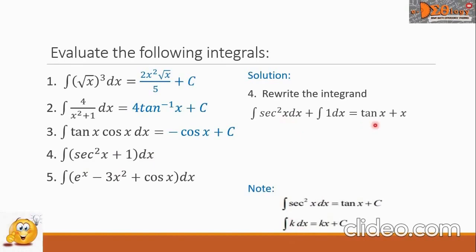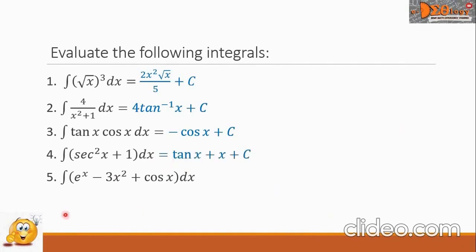So we have now the tangent x for this integral plus the integral of 1 dx is 1x, or simply x. And then we will add the plus c. This is now the final answer for problem number 4. We will copy this answer opposite problem number 4.